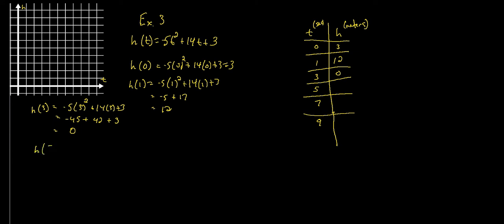At 5, negative 5 times 5 squared plus 14 times 5 plus 3. 5 squared is 25 times negative 5 is negative 125 plus 73, which equals negative 125 plus 73.